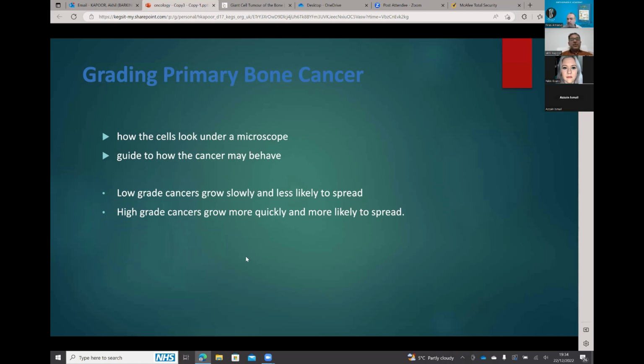When we say grading of a primary bone cancer, it means how do the malignant cells look under a microscope? And it gives us a guide as to how the cancer may behave, how aggressive or benign it will be clinically. So when we say it's a low-grade cancer, those are cancers which are less likely to spread, and high-grade cancers are more quickly and more likely to spread.